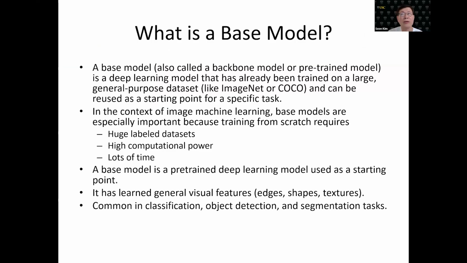To train a model, especially in image machine learning, there are some common things, for example detecting cats, detecting cars, recognizing human faces. Basically, we need to know how to teach the computer to understand images.